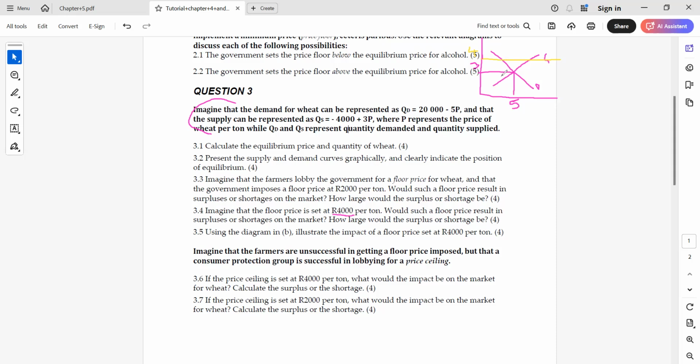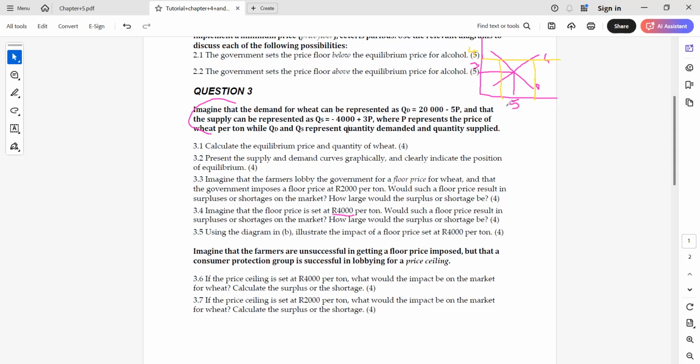So this, and this would be our new price. So the quantity supplied is going to be here and the quantity demanded is going to be here.